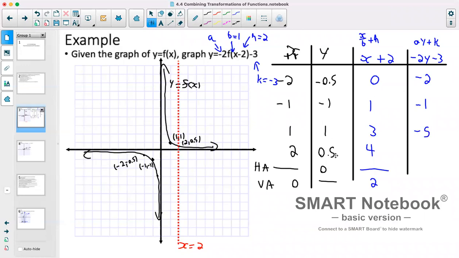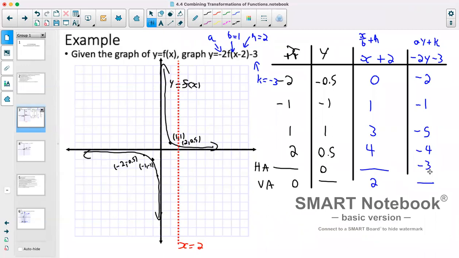Next, we have 0.5 times negative 2, so that would be negative 1, minus 3 is negative 4. Then we've got 0 for this horizontal asymptote, so negative 2 times 0 is 0, minus 3 gives us negative 3. And we won't calculate the y value for the vertical asymptote.